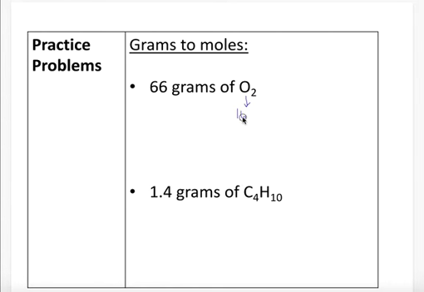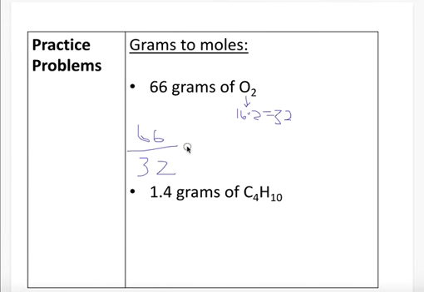And then there's 2 of them, so 16 times 2 will be 32. Okay, that's my molar mass. And then I need to make sure that my molar mass goes on the bottom. So I'm going to do 66 grams divided by 32.